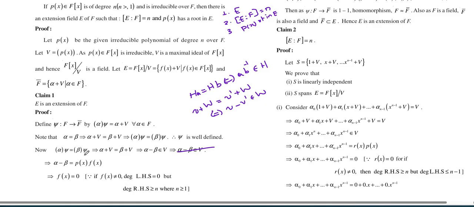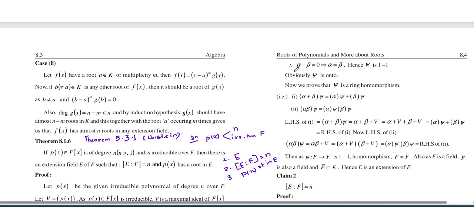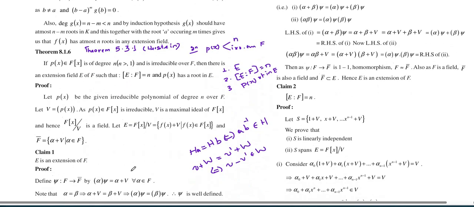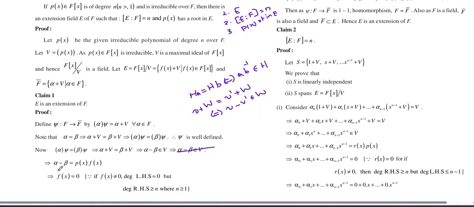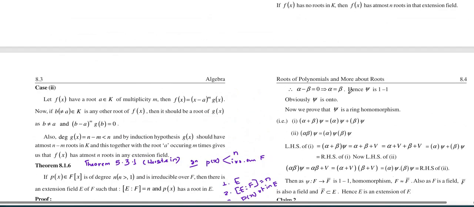So how can we equate these two unless f(x) is 0? Because if f(x) is non-zero, the degree of the LHS is 0, but the degree of the RHS is greater than or equal to n. That is not possible, which forces us to conclude that f(x) should be 0. So when f(x) is 0, alpha minus beta will be 0. That in turn gives alpha equals beta, and so psi is one-to-one.